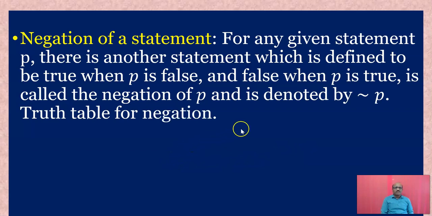The truth table for the negation is very simple. P and negation of P. If P is true, then its negation is F. If P is F, then its negation is true.